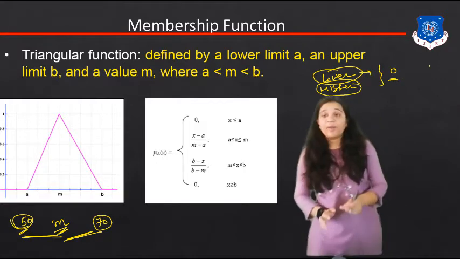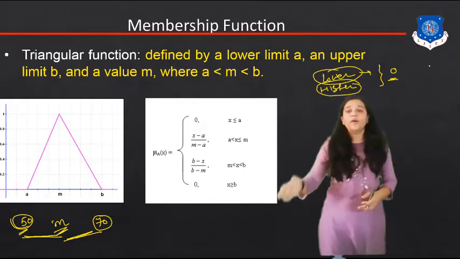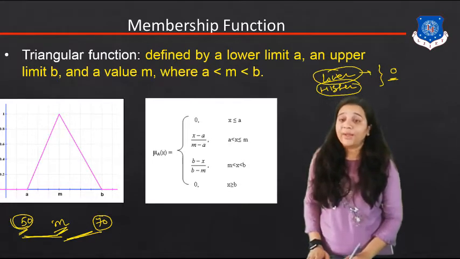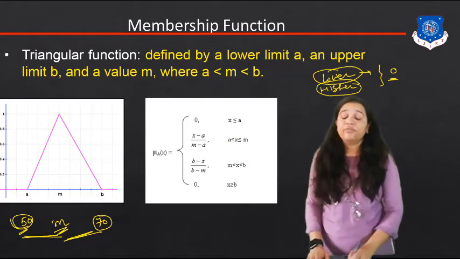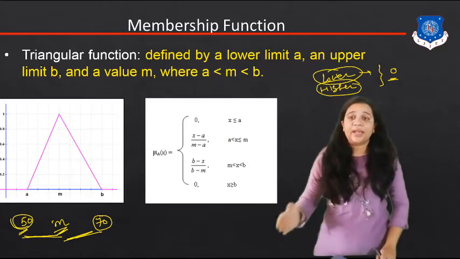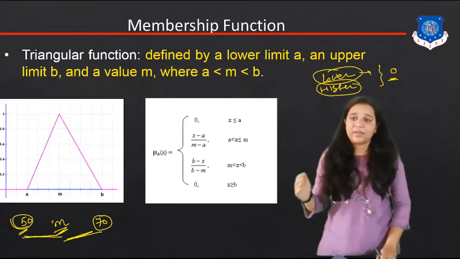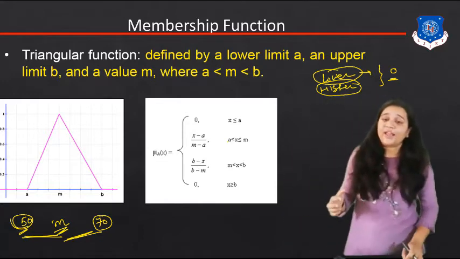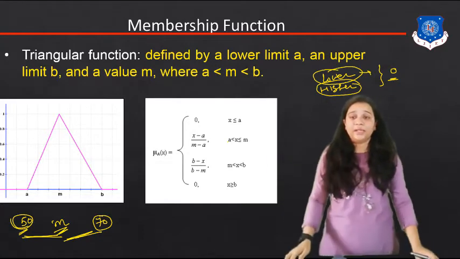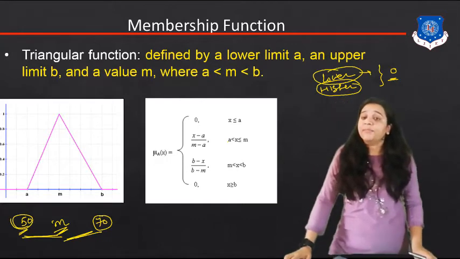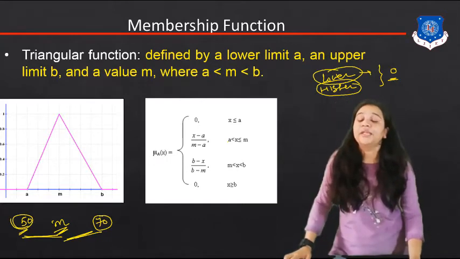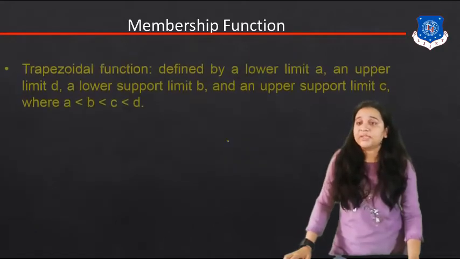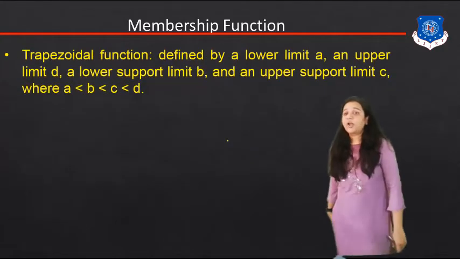But if my value is between the lower limit and the upper limit, then we apply these two formulas. If the value is between a and m, we apply x minus a upon m minus a, and if the value is between m and b, then we apply b minus x upon b minus m. Clear?